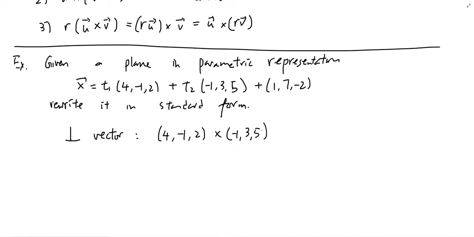So here I'm going to do the cross product between (4, negative 1, 2) and (negative 1, 3, 5). What would the cross product be? You can definitely just use the formula, or I'm going to use the cross method right here. So the first cross is this one.